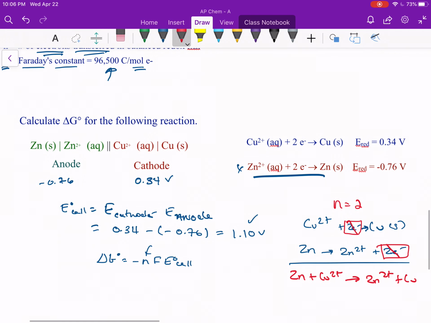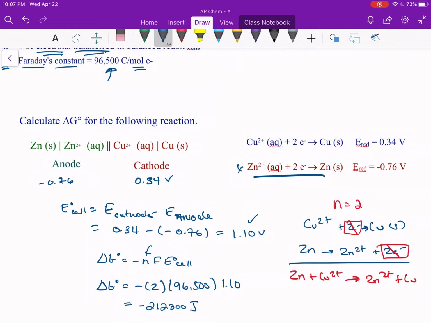So if I go back here and I look, delta G naught equals negative 2, because that's what I canceled over there, times my 96,500, times my 1.10. If I do that, I'm going to get a negative 212,300, and again that's in joules.